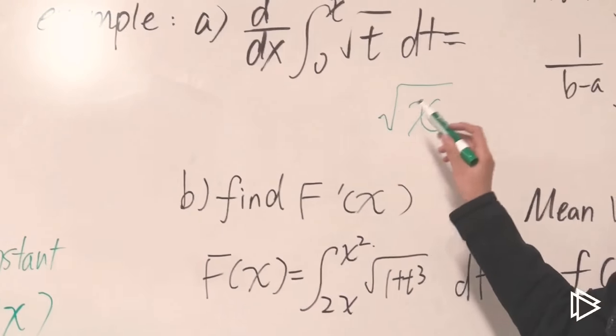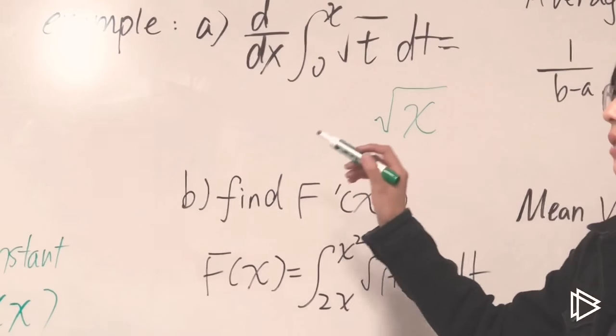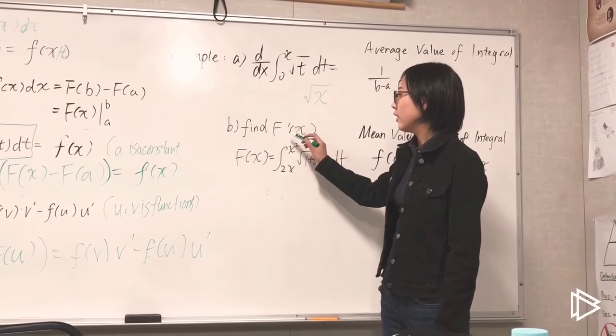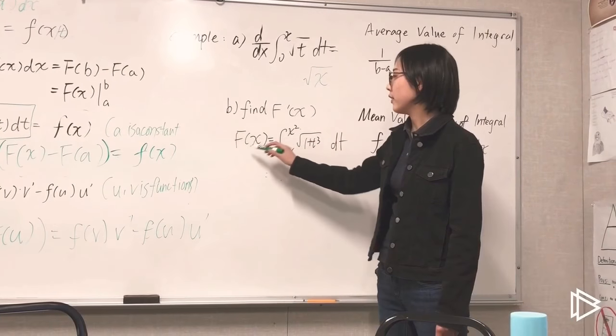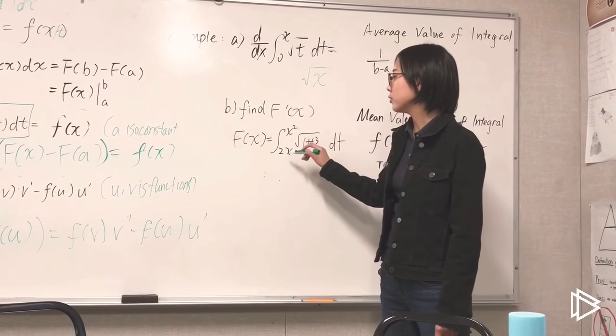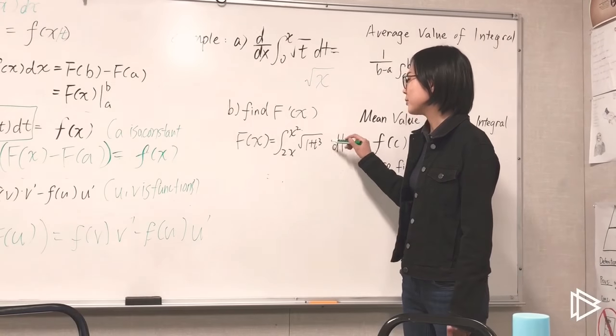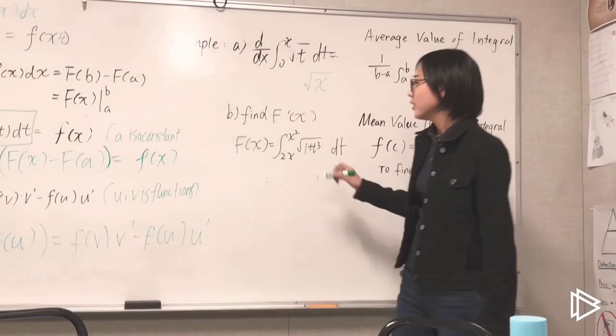It's a very easy problem. We can just calculate it based on FTC Part 1. Example B is to find the derivative of F(x), where F(x) equals the integral from 2x to x squared of the square root of 1 plus t cubed dt.